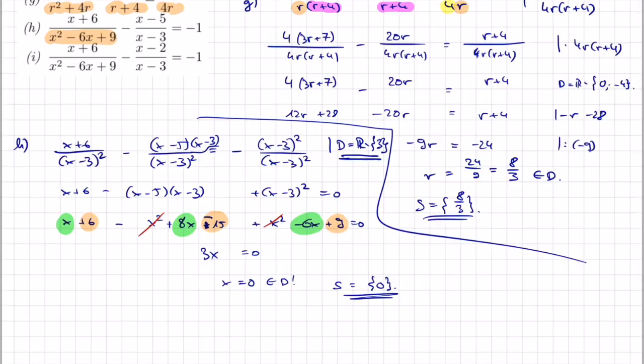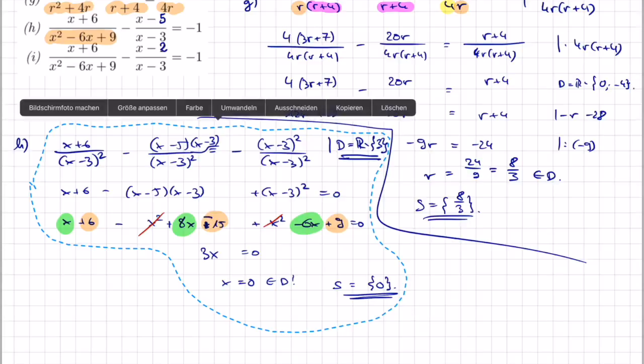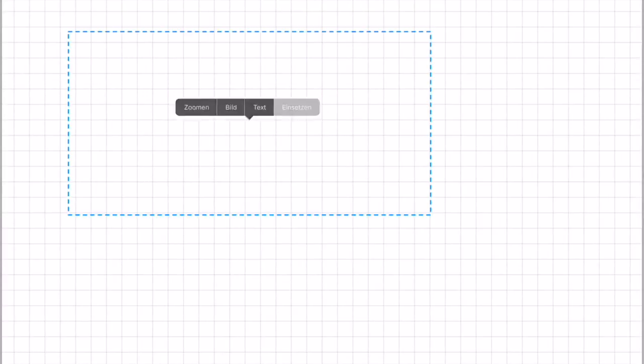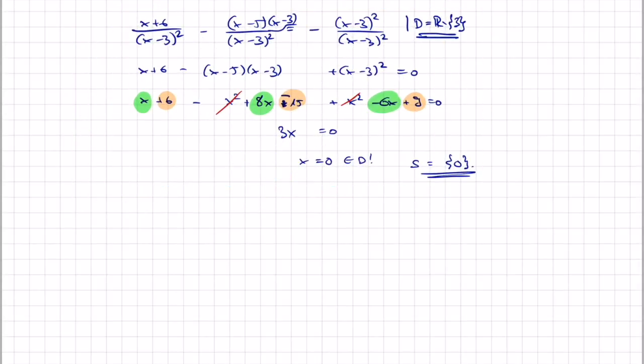And finally, the last equation is almost identical. There's just a 2 instead of a 5. And so we can actually take all this calculation and just make little changes to it. So let's see.